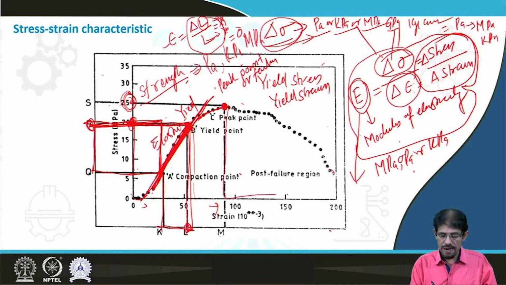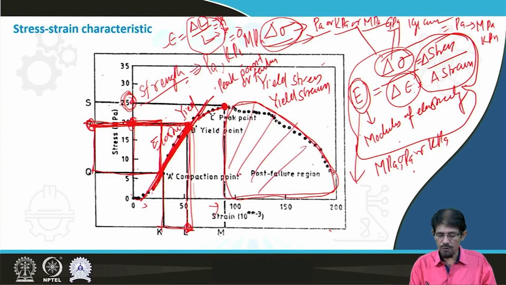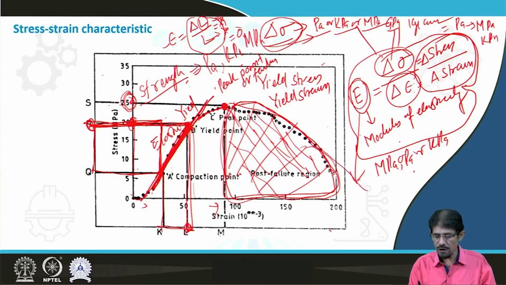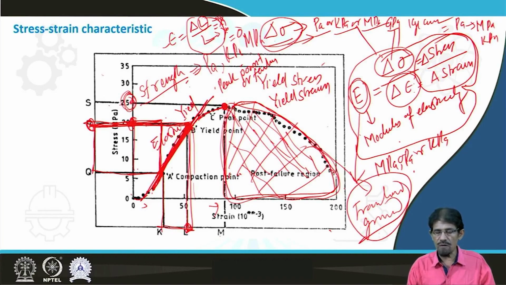Then this region, time to time we will discuss in our future classes also, is a post-failure region where we are going to see the development of different failures and make this region a failure region. This corresponds to the fracture ground, as we have already discussed. Characteristic of fracture ground which requires moderate preparation and high level of treatment.